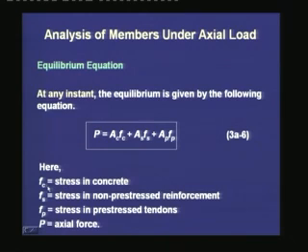Here Fc is the force in the concrete, Fs is the force in the non-prestressed reinforcement, and Fp is the force in the prestressed tendons. That means the axial force which is externally applied is a summation of the internal forces that are generated within the concrete, steel and the prestressing tendon.